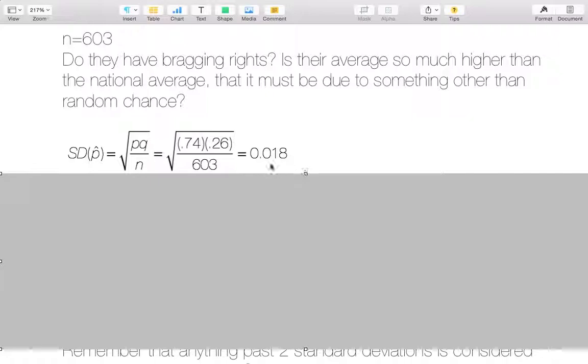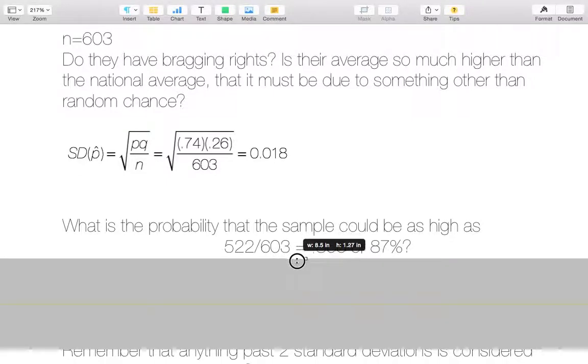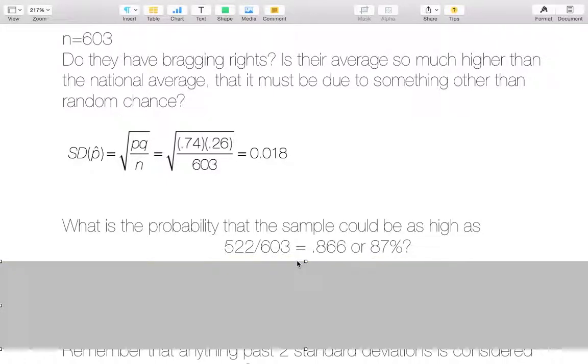So if you remember, our formula for standard deviation looks like this. It's going to be the square root of P times Q divided by N. And so I plug that in for you. You should have gotten 0.018 to be my standard deviation. If we take that idea and ask what is the question we're trying to answer, it says, what's the probability that the sample could be as high as 86.6%, or about 87%?